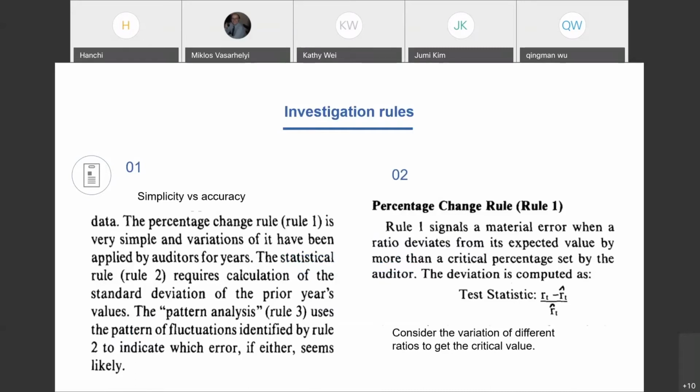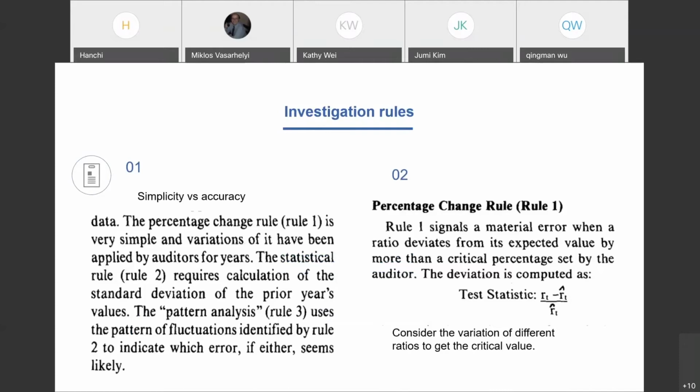When we try to design how we will use the investigate rules, we always have a dilemma, which is simplicity versus accuracy. So in this paper, they compare three different rules. The first one is the percentage change rule, which is very simple, and a variation of it has been applied by auditors for many years.